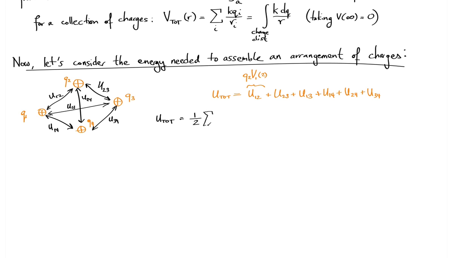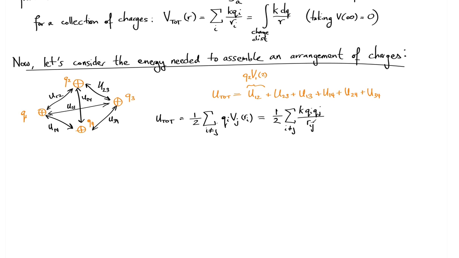The sum over the charges i not equal to j, qi V sub j at ri. And I can also just write that explicitly. If I write what V sub j is explicitly, it's just 1/2 again, sum over i, j, or i not equal to j, k qi qj over rij.